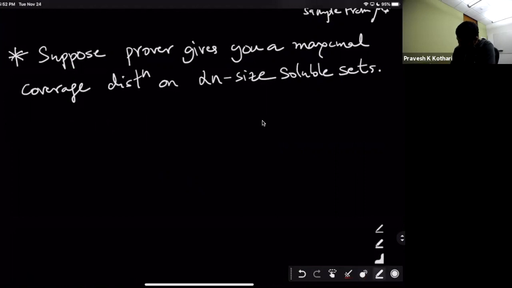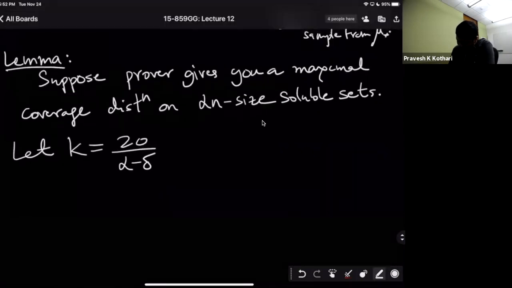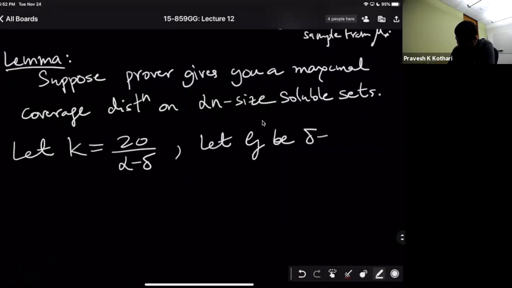Actually, let me just use this as a lemma so that I don't write again. Let k equal 20 over alpha minus delta, and let G be delta anti-concentrated for some delta strictly less than alpha.